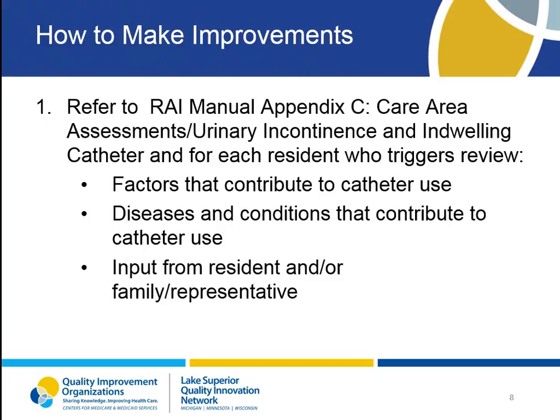The assessment of the causes and contributing factors gives the interdisciplinary team additional information to help them develop a comprehensive plan of care. For each resident who triggers for this quality measure, review the factors that contribute to catheter use, including diseases and conditions. Also review input from the resident and/or the family or representative.